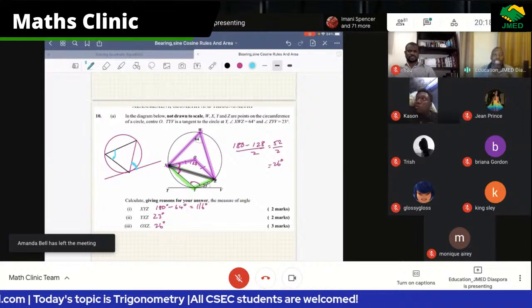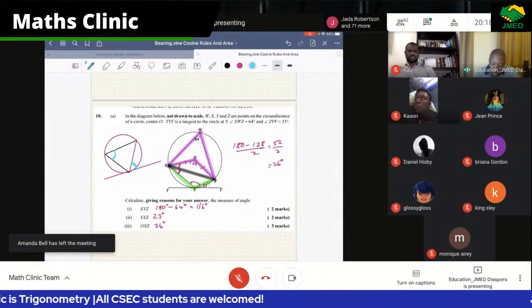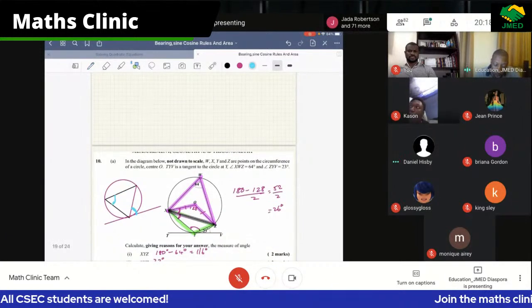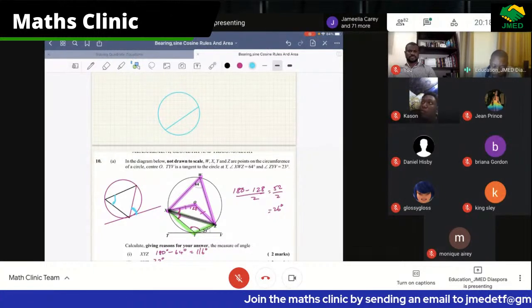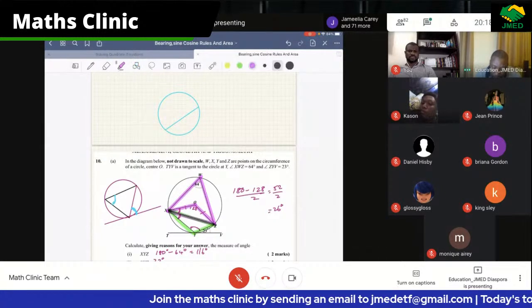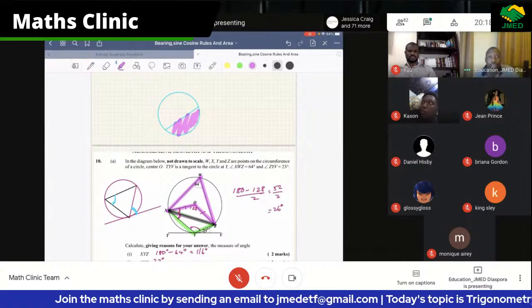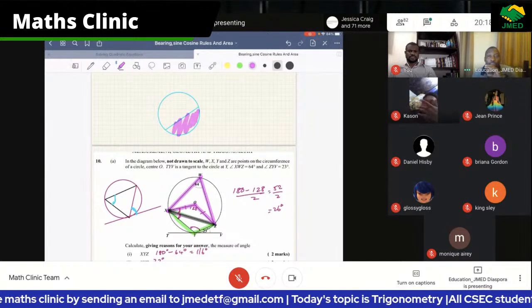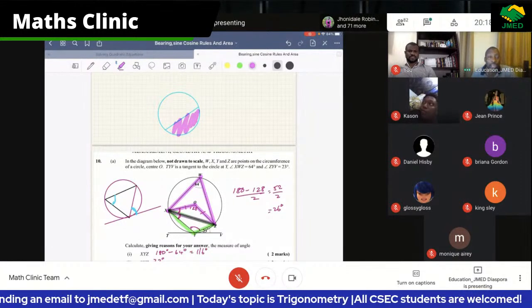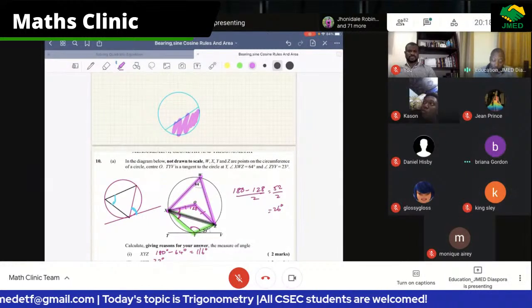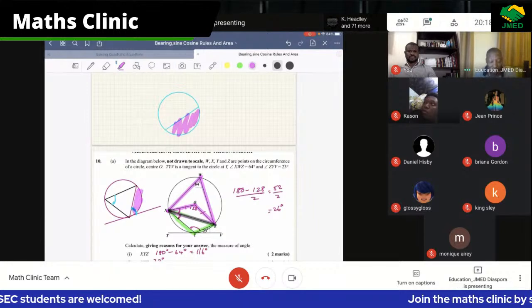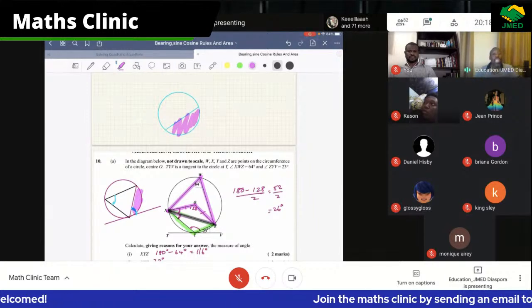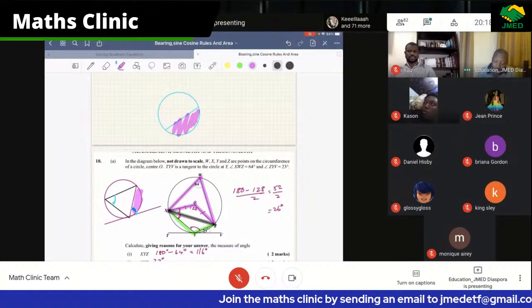So one of the things we need to look at: what's this region known as? That's a segment, right? Yes, sir. So there is a segment that is formed here, and there is an alternate segment which is over here.